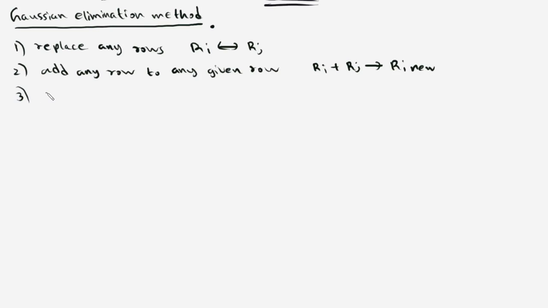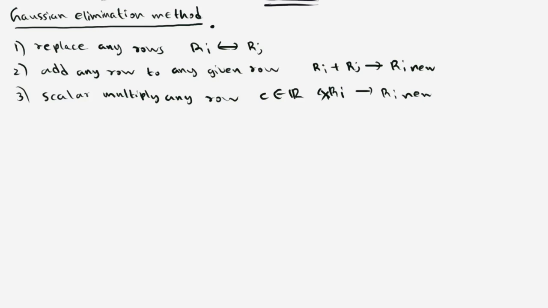And the third rule is you can scalar multiply any selected row by a real constant. Let's say c is our scalar, then Ri can be multiplied by this c, and it will produce a new Ri.